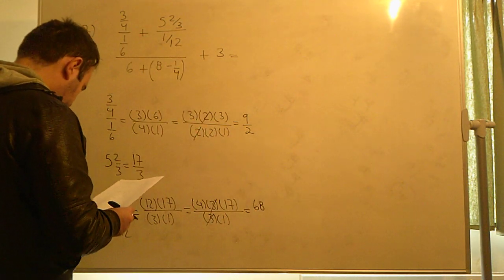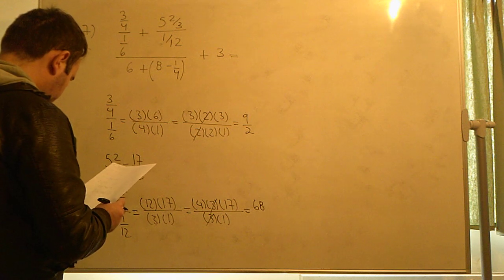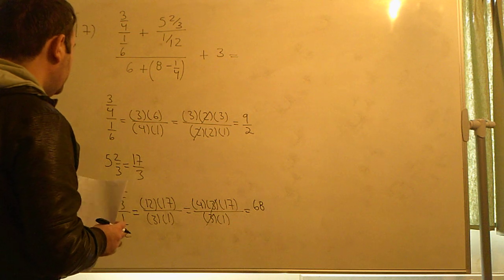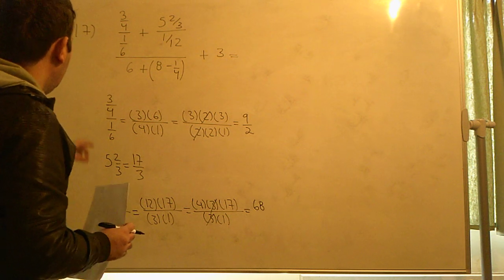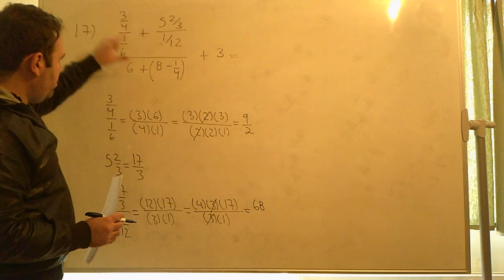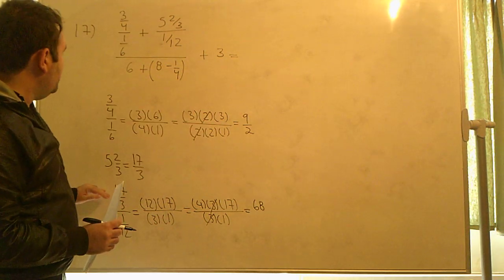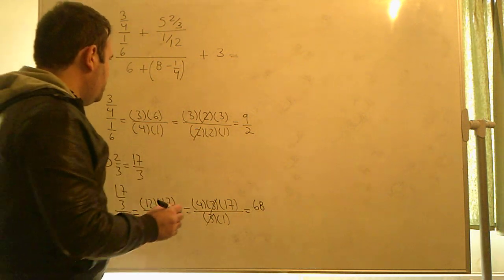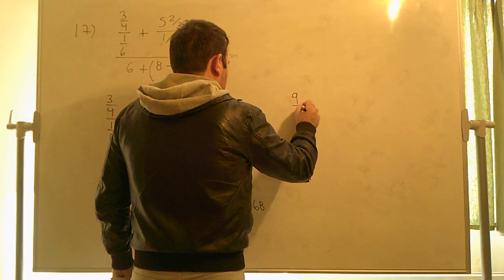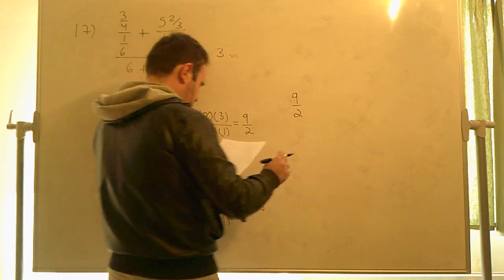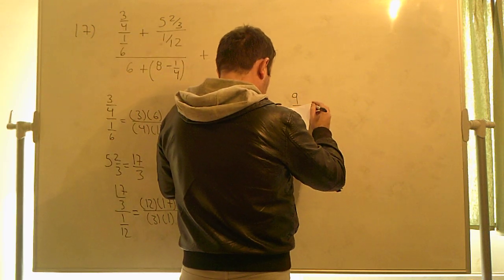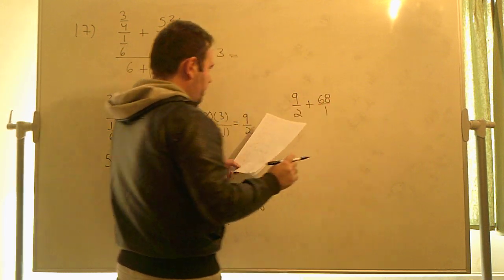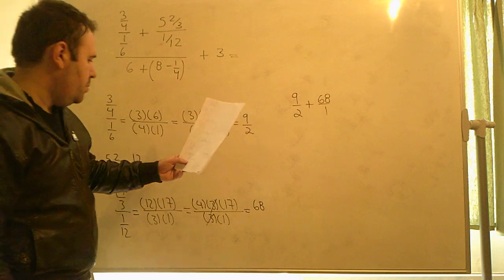Let me see here. 68. So 3/4 divided by 1/6 was 9 halves, and this fraction is this one. So we need to add up first 9 halves plus 68, which is divided by 1, as usual.